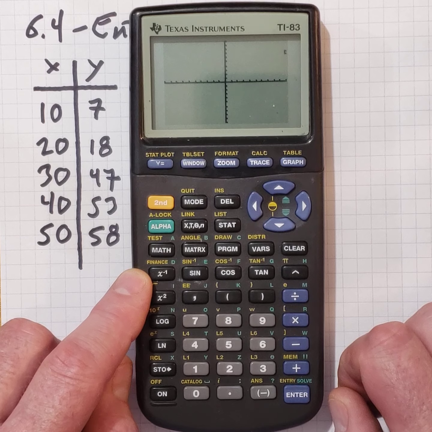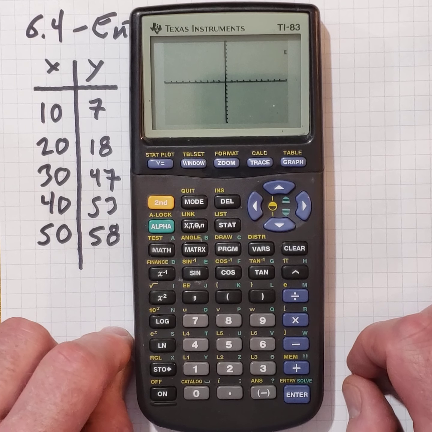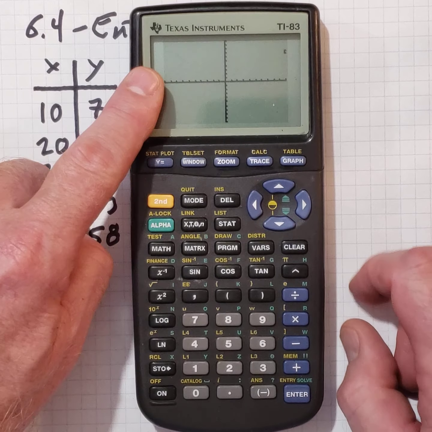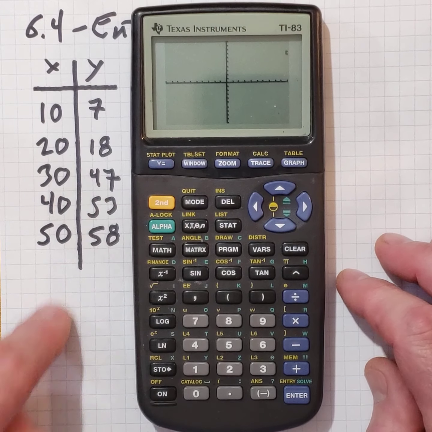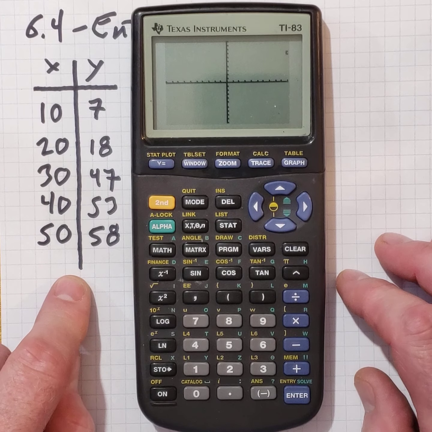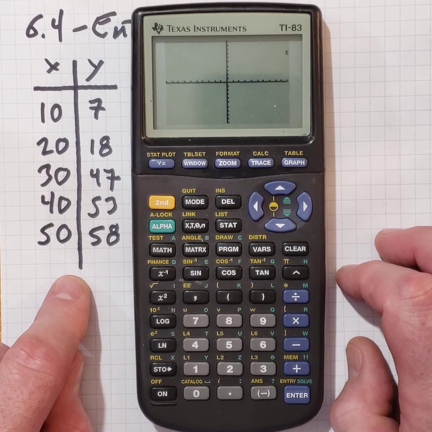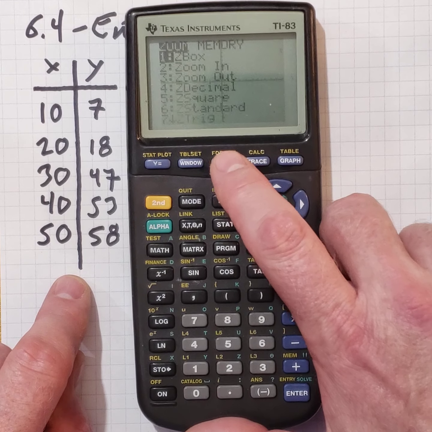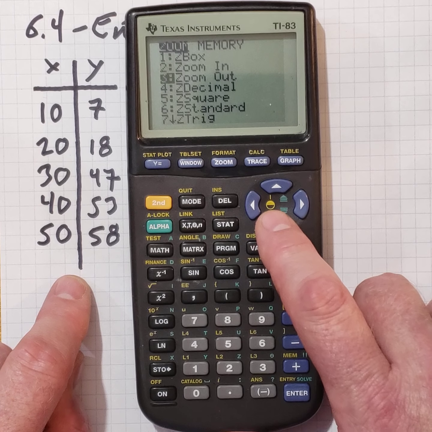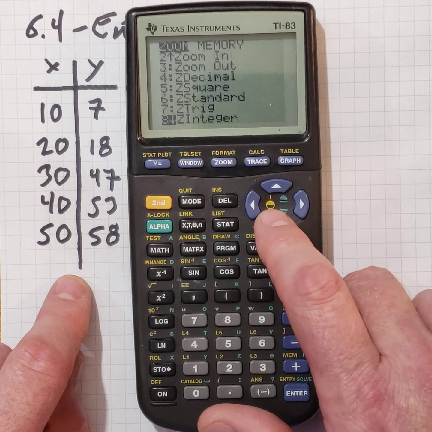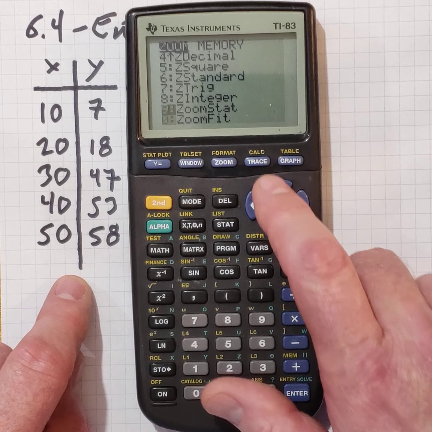And we still really don't see anything because our window's not set up correctly. Our window goes from -10 to +10 on the x-axis, and also on the y-axis, our numbers don't fit into that range. So what we want to do is go to zoom, and then down to fit. Oh no, zoom stat.